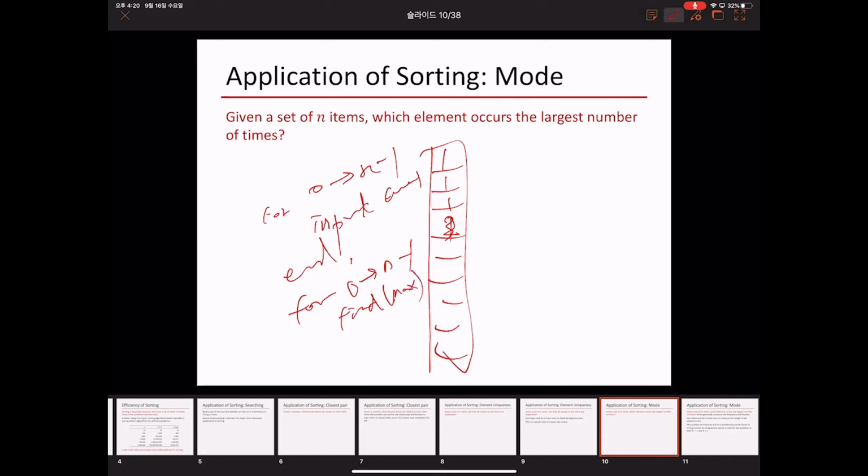Find the max, meaning keep the max. Let's say max is 0. If the value is higher than max, update the max, something in that way. Okay, great. And we can be done in O(n) time.